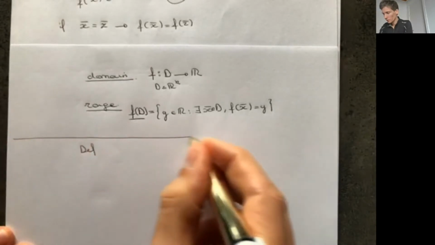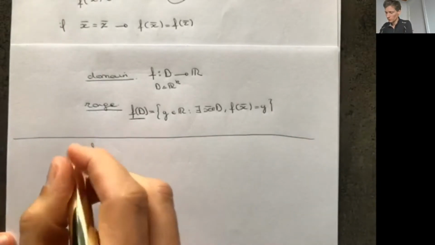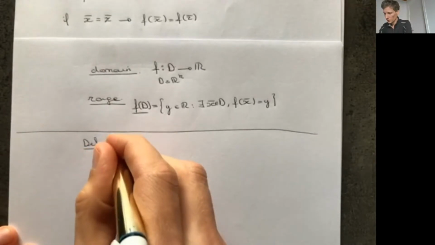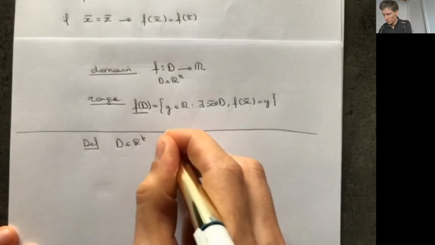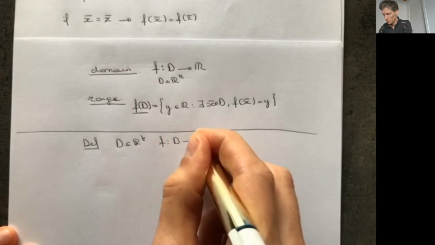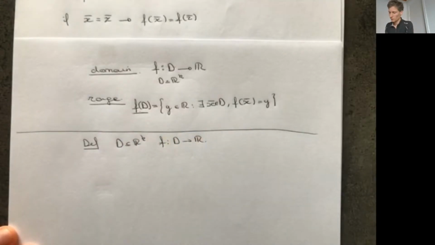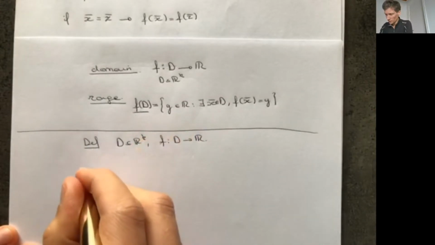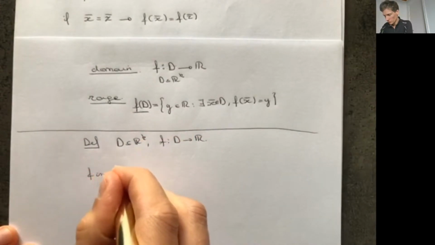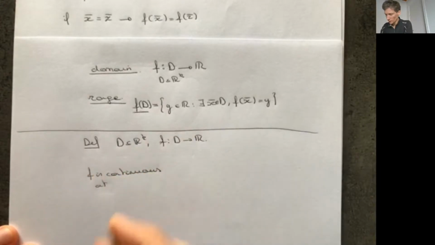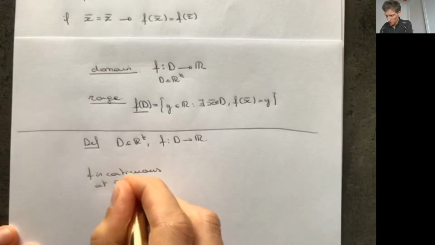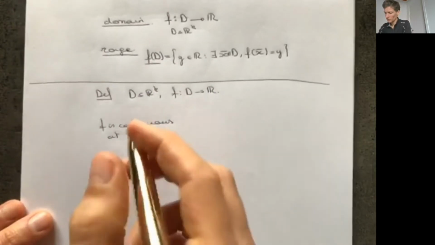Okay, so we're going to define the concept of continuity of a function. Let D be a subset of Rk, and let f be a real valued function from D to R. Then we say that f is continuous at x in the domain if the following holds.